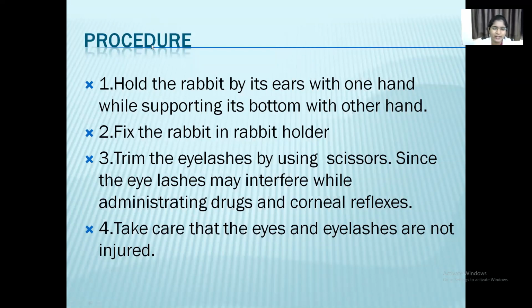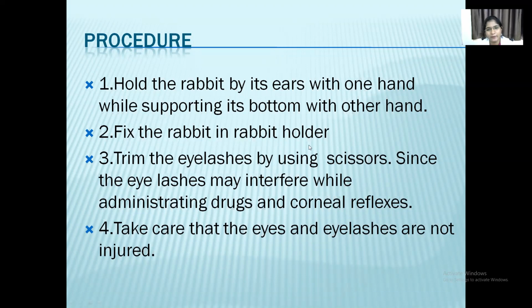You have to write this procedure in your records, from aim, materials required and procedure.